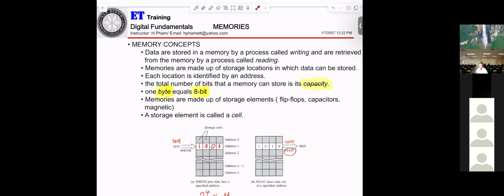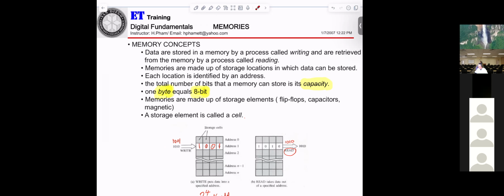For example, D flip-flop, you use only output Q. And the other one, not Q, is not used, okay? Normally, flip-flop has only one output.